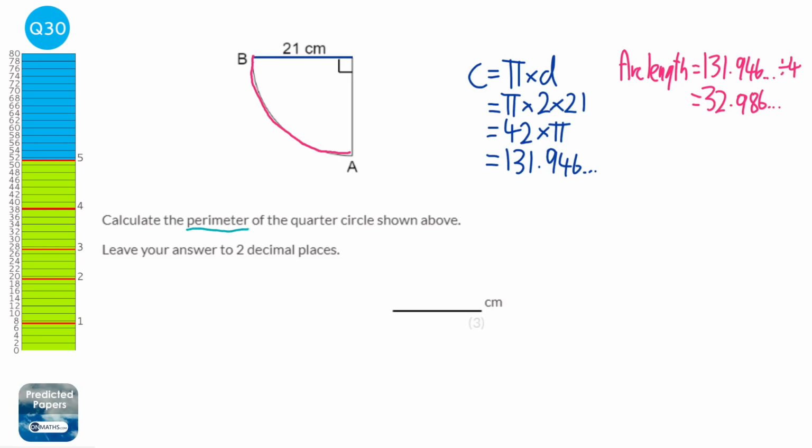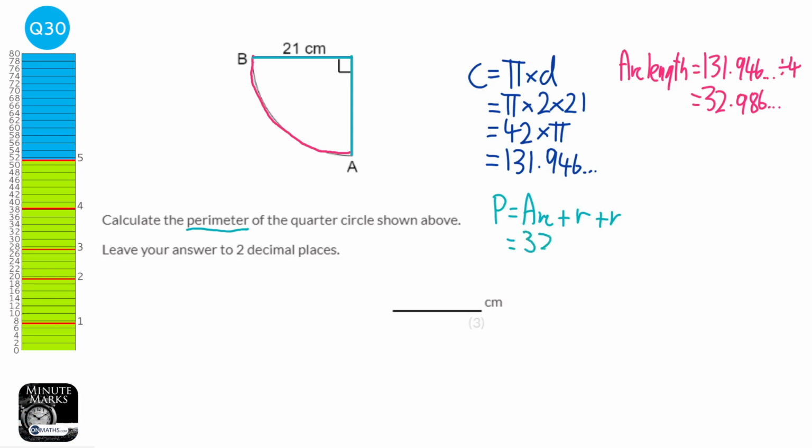Now that's not what the perimeter is. Perimeter is the total distance around the circle. So we've also got to add on the 2 parts here, the 2 radii here, to get the full distance around the circle. So the perimeter is going to be the arc length plus a radius plus a radius.